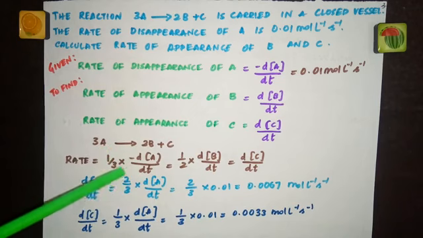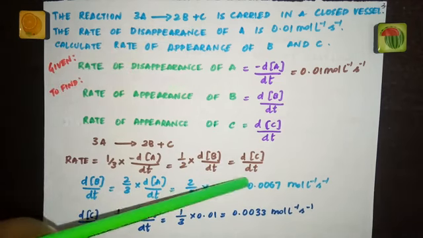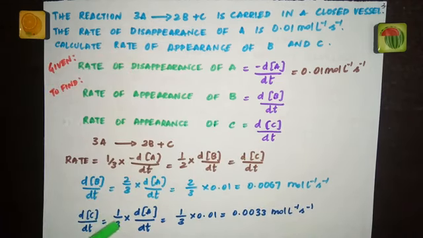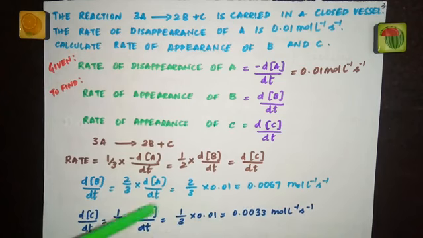So 1 by 3 into minus dA by dt is equal to dC by dt, because we don't have any coefficients here. So dC by dt is obviously equal to 1 by 3 into dA by dt. So directly put the value of dA by dt, 0.01 into 1 by 3. So that gives you 0.0033 mole liter inverse second inverse.